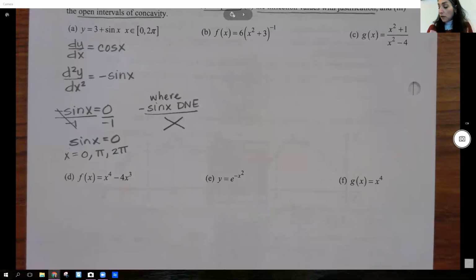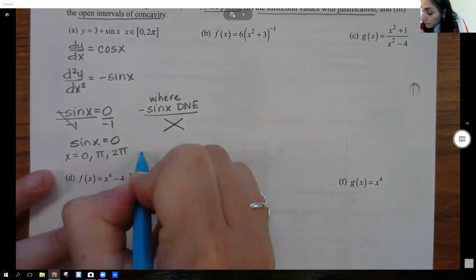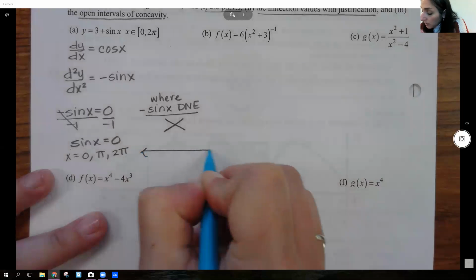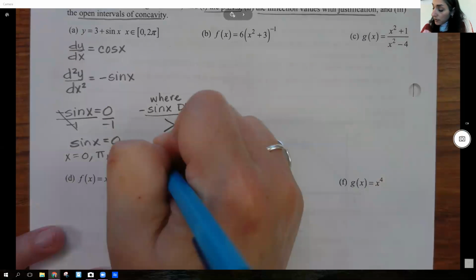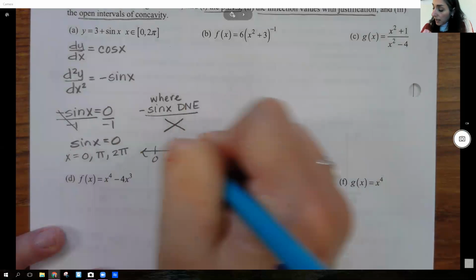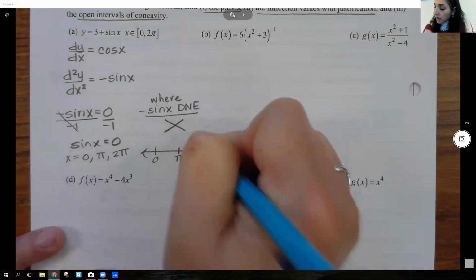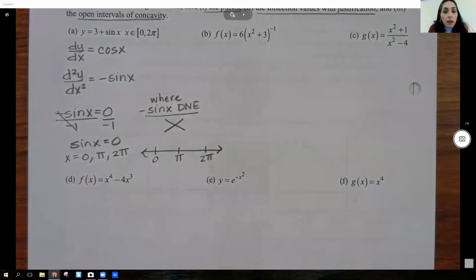Okay, so you make a number line, okay? And you're going to put 0, pi, and 2 pi. So this is where we have to remember what our interval really means. So your interval is really only from 0 to 2 pi, right?